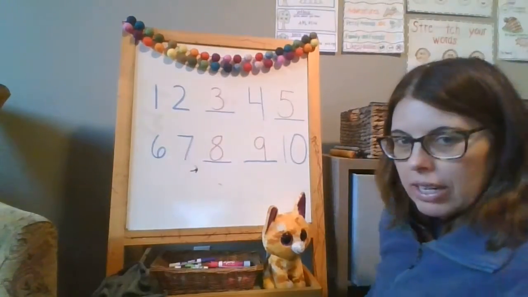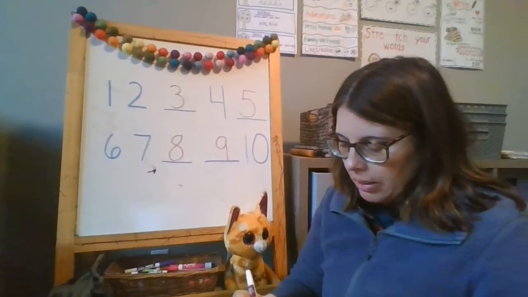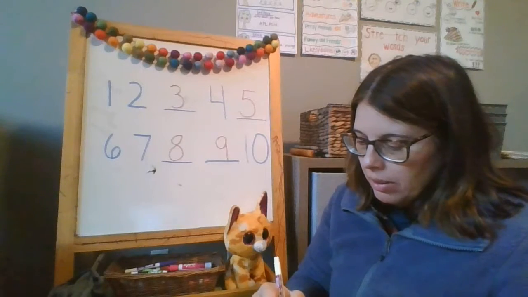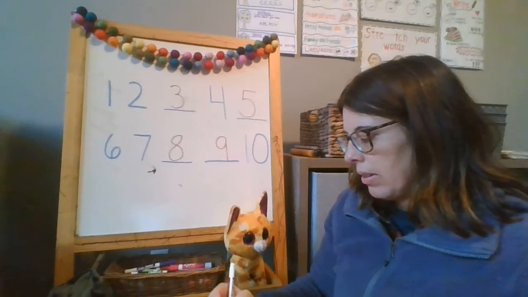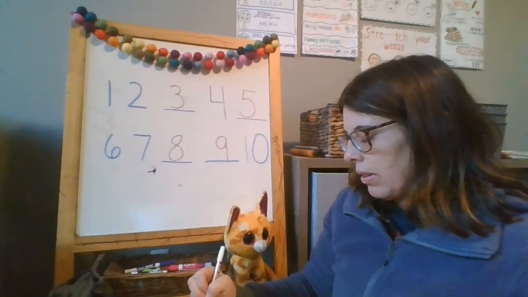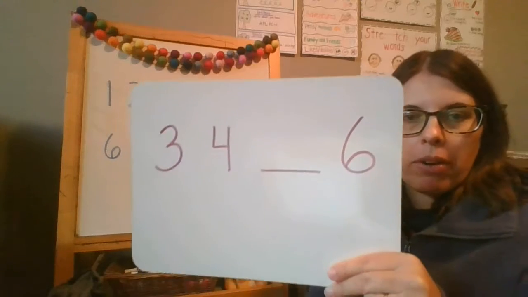Okay, and I want you to see if you can figure out what numbers will go in the open spaces. Okay, can you figure out what will go in that space?